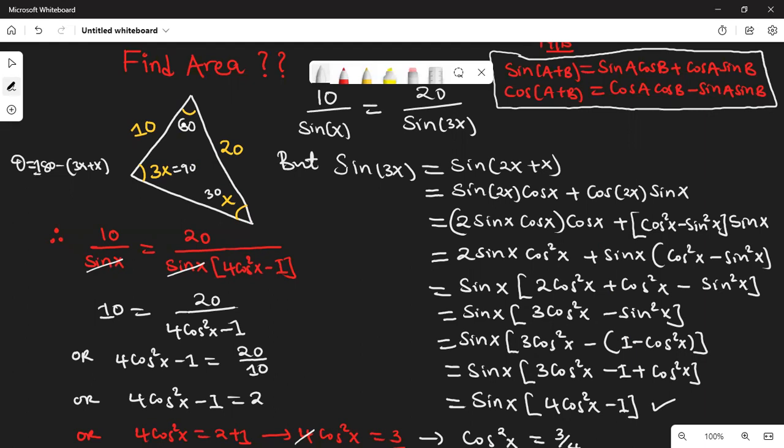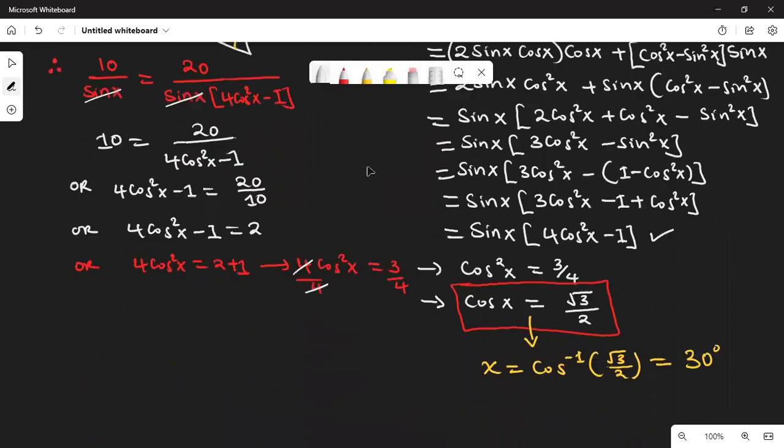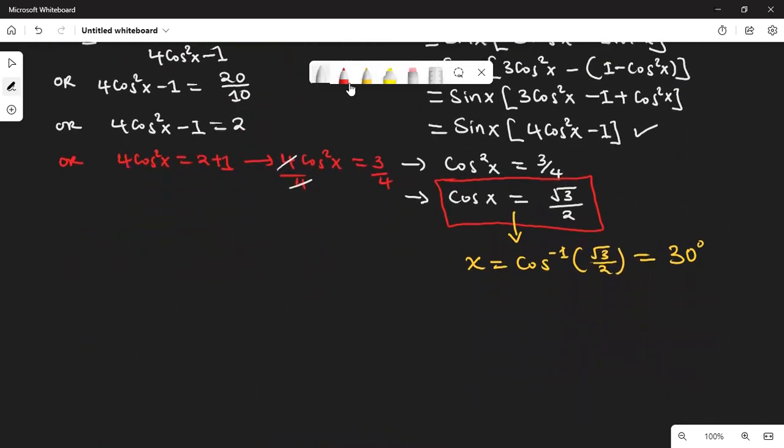So once you have that angle and the two sides given, it is now easy to get the area of that triangle. So we now say that therefore, the area is always equal to 1 over 2 AB sine theta.